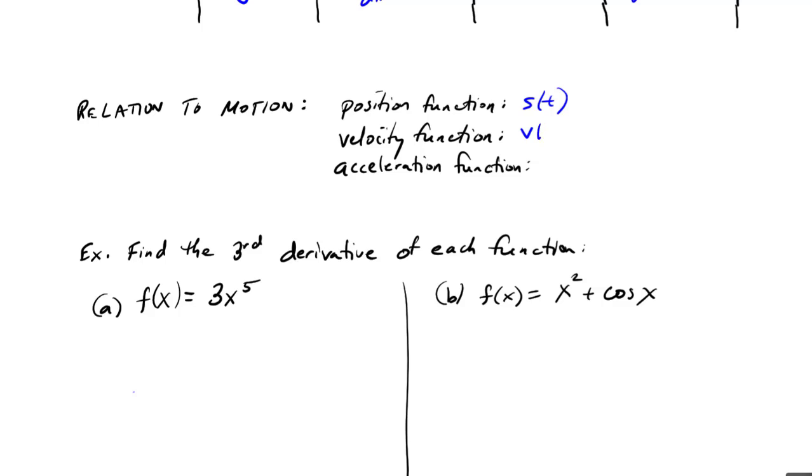So the velocity, v of t, is just the first derivative of the position. Then the acceleration, which is the change in velocity, is a of t, the first derivative of velocity, or the second derivative of position.